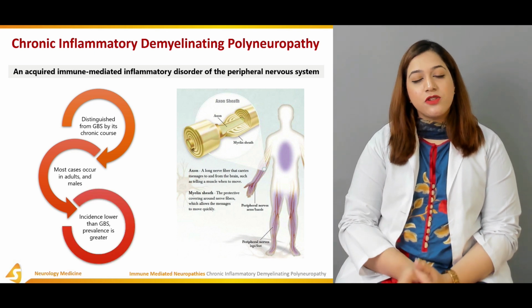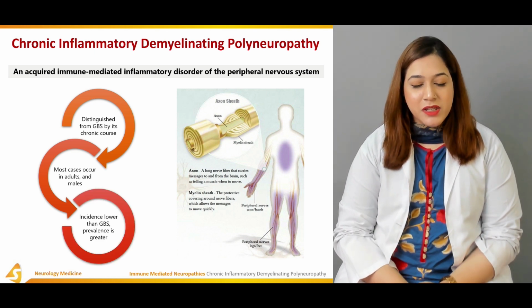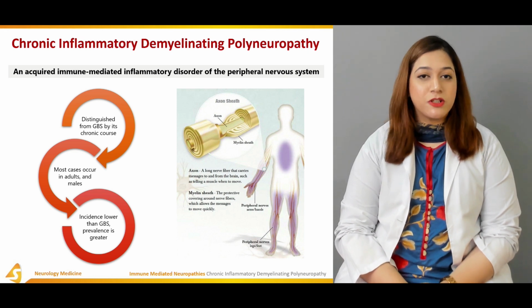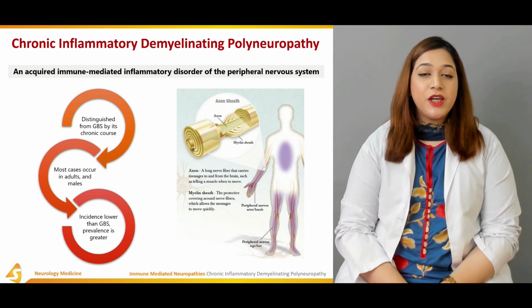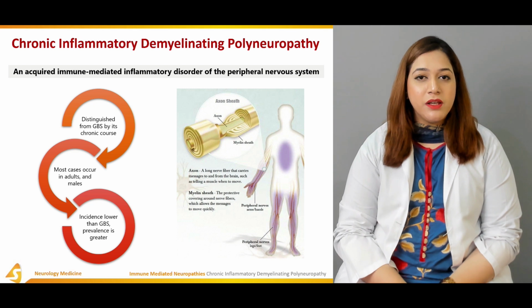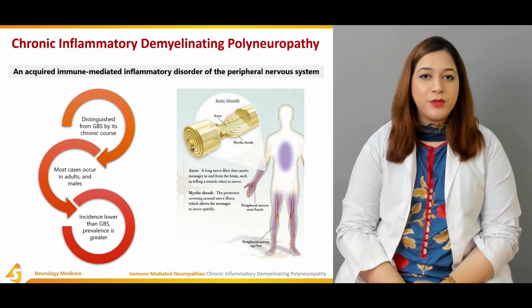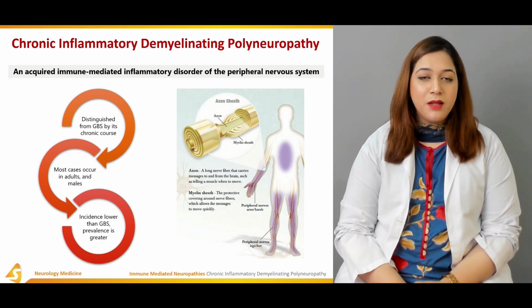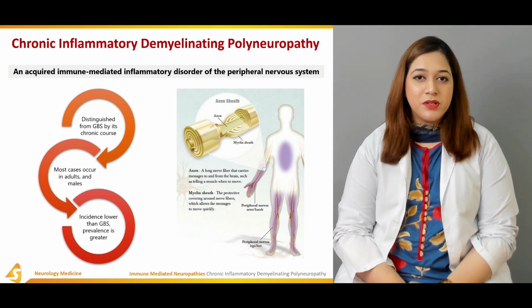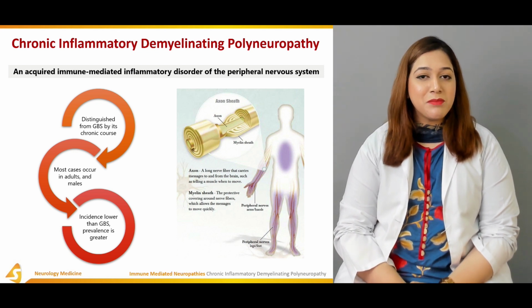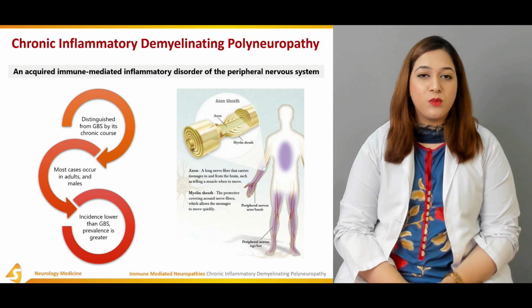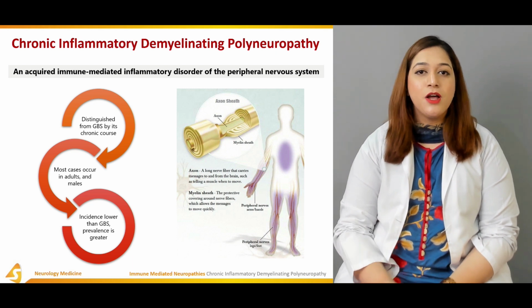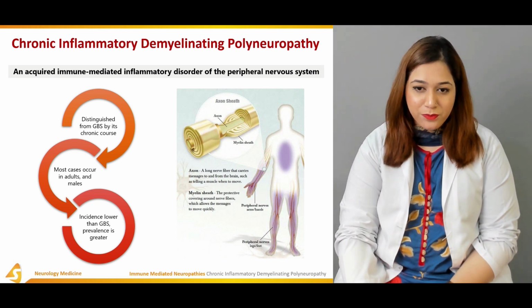The incidence of CIDP is lower than GBS, but its prevalence is much greater. The overall prevalence of CIDP is around 6 cases per 100,000. Being the most common type, CIDP has an estimated prevalence rate of around 1 to 8.9 cases per 100,000.